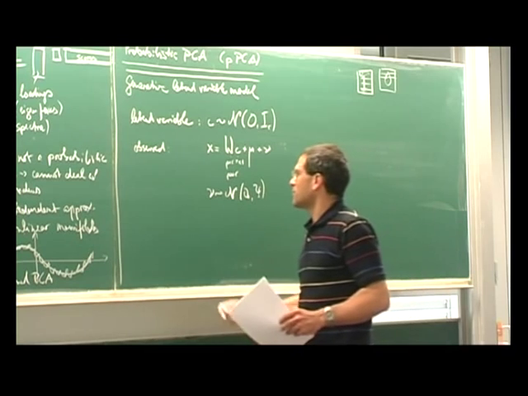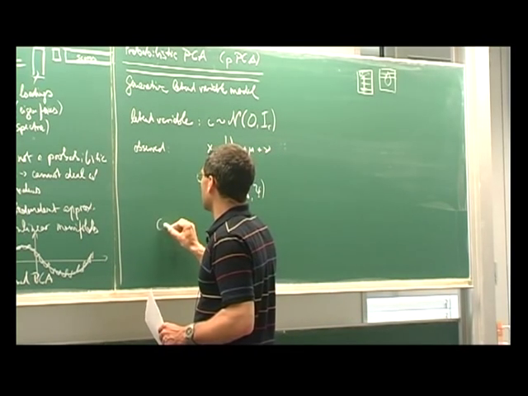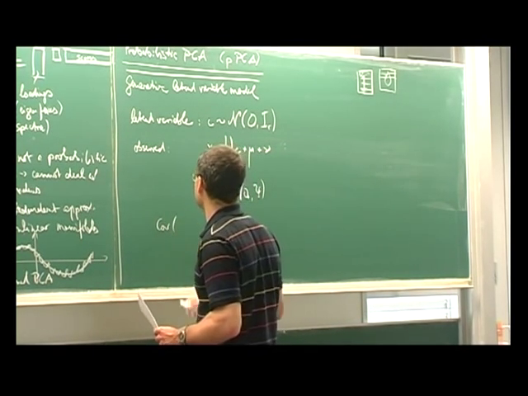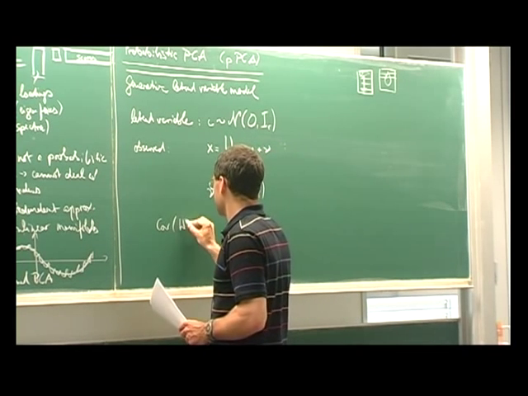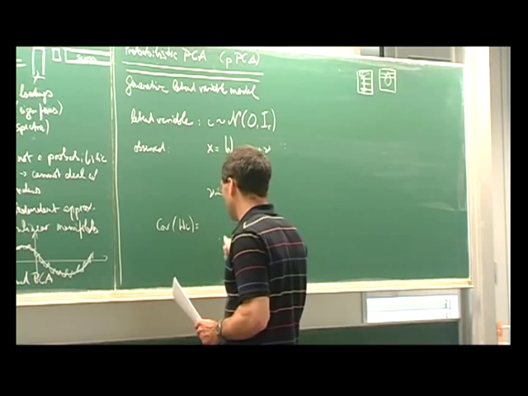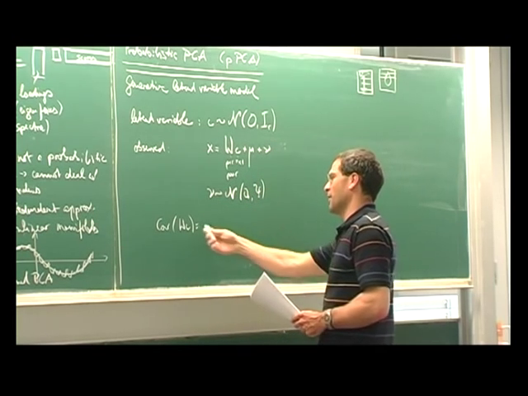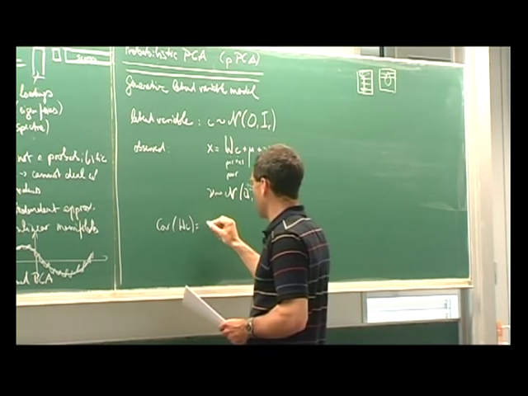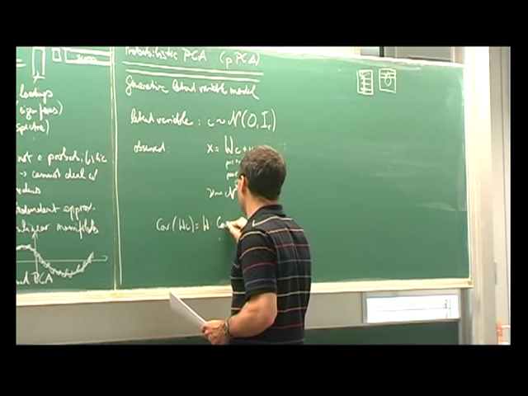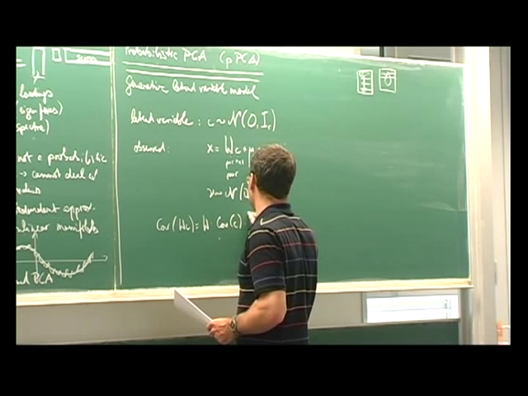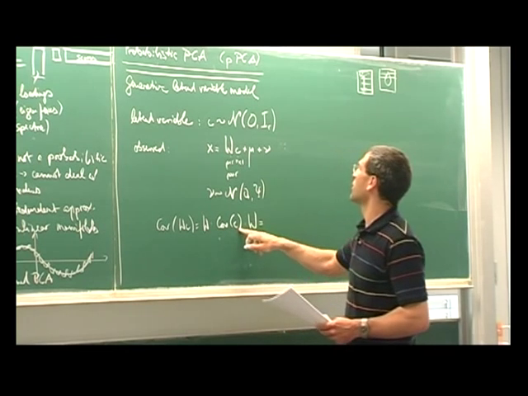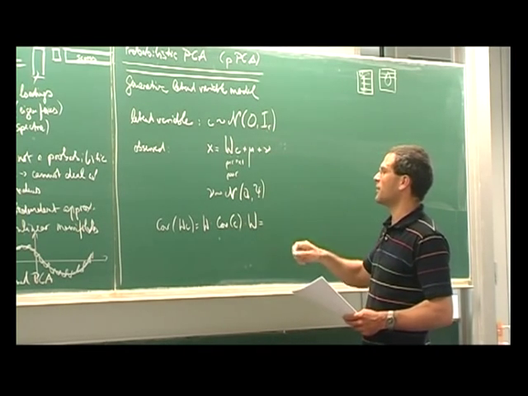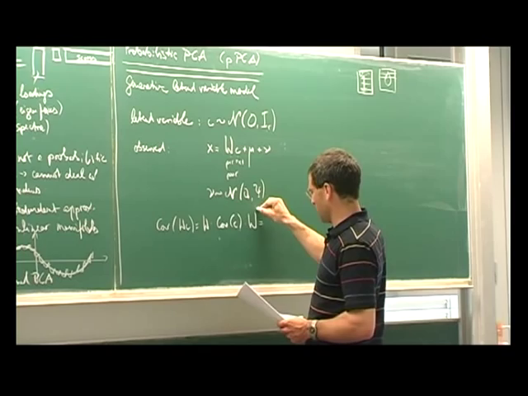Now, when we discussed the covariance matrix week before last, we saw that the covariance of W times C would be given by W times the covariance of C times W transpose. And the covariance of C is just the identity matrix. There's a transpose missing.